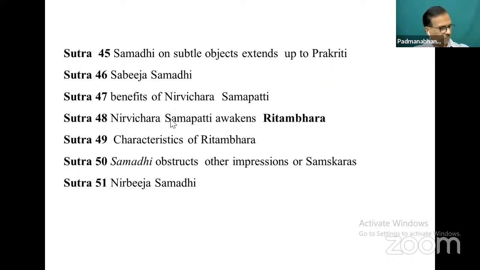And Sutra 46 is Sabija Samadhi. All the types of Samprajnata Samadhi come under Sabija Samadhi, where the Bija is there. Then Sutra 47 talks about the benefits of Nirvichara Samapatti.